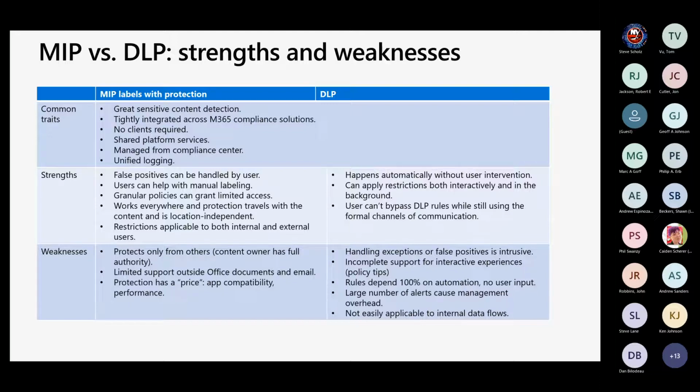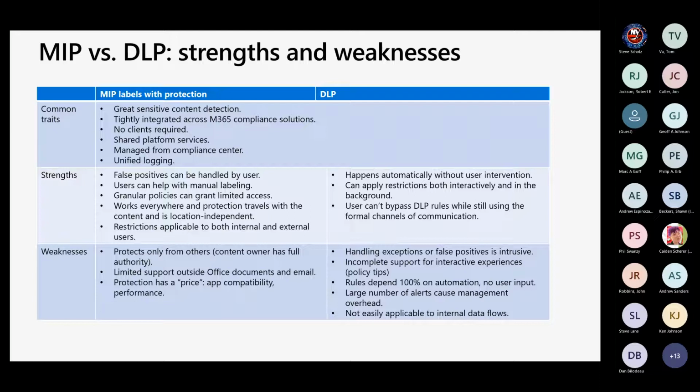Now, let's jump on over to the strengths. For MIP labels with protection, the strength is that if there is a false positive, you are able to configure it so it's handled by the user, being able to go and let an admin or somebody know that this is a false positive, or being able to actually just override that labeling that has a protection in general.